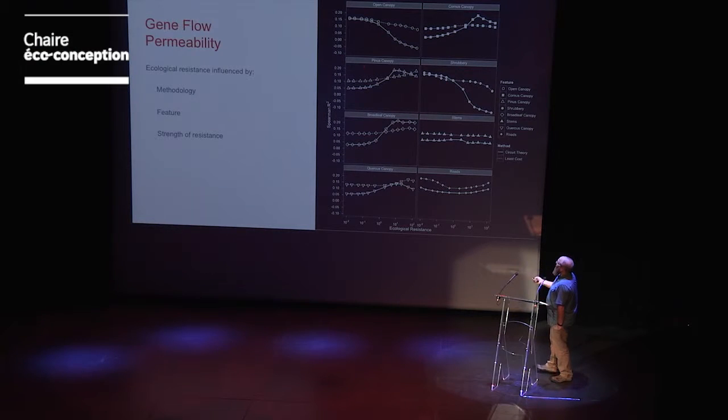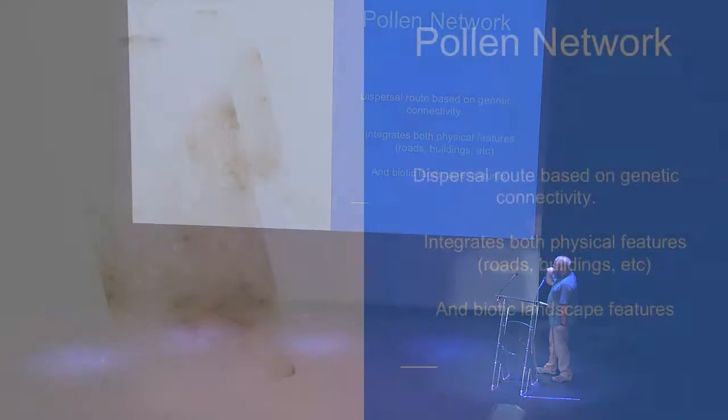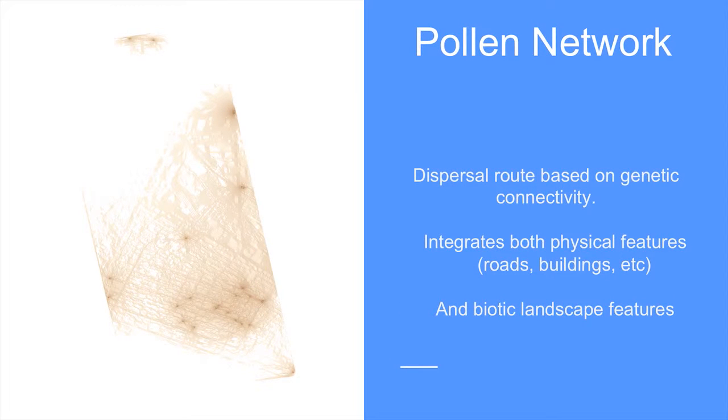And in taking into consideration all of these things, we can go ahead and build a resistance model that describes kind of the estimated pollination movements across the landscape. These dispersal routes depicted over here, you can see the darker spaces of the trees, and you can see where the organisms are preferring to move relative to the features we've identified as being important.